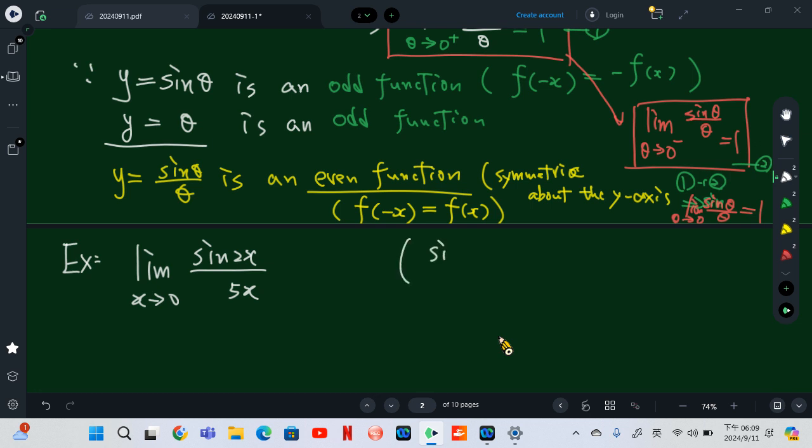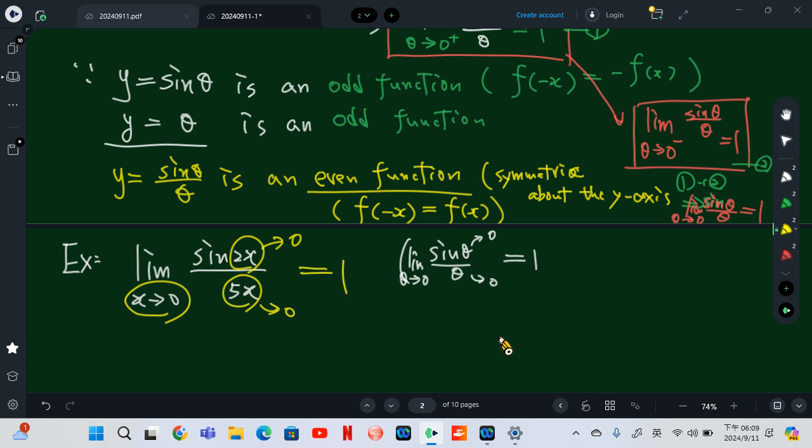Based on the limit as theta approaches 0 of sine theta over theta, here is 0, here is 0, so the result is 1. So can I conclude that, as x is approaching 0, 2x is approaching 0, 5x also approaching 0, so the result is 1? It's wrong.